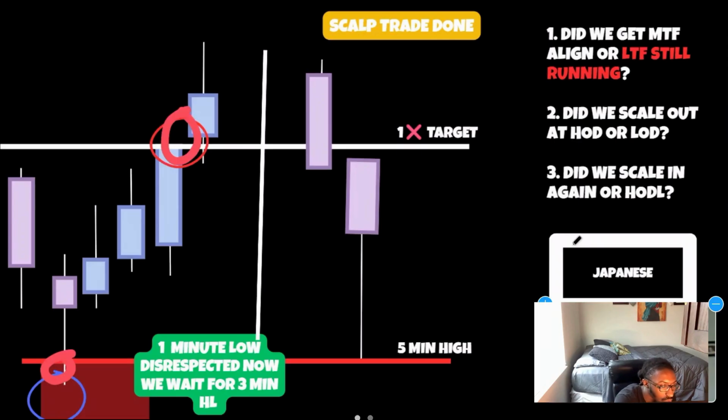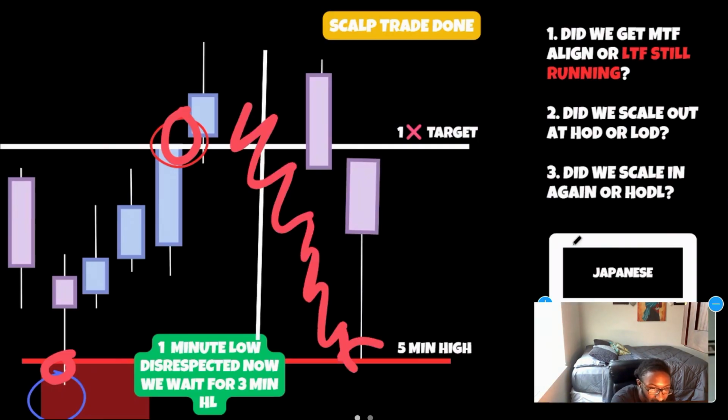Right here, 1 minute candle high, 1 minute candle low, boom, we're out. At this point, we already scaled out anything that's over 1% of the total account, right? So now we're leaving at max $500 on a 50K account running in profits, right?